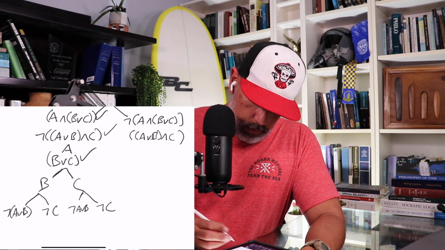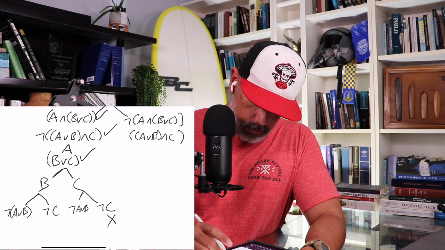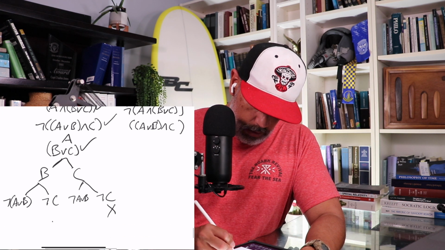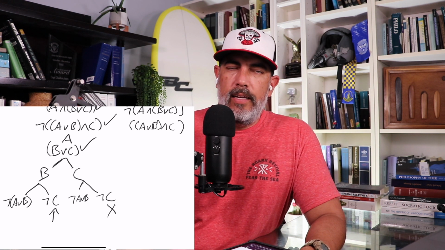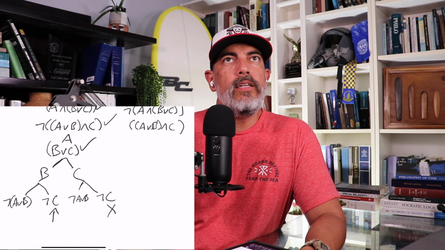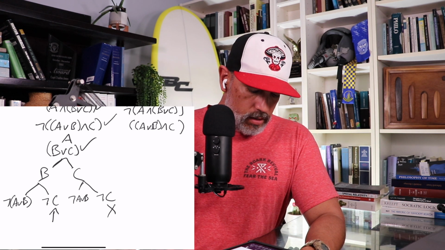Okay, it looks like we have a closed branch here, but an open branch here. Oh. This is not a tautology, but I'm going to still keep working just so you can see it all.